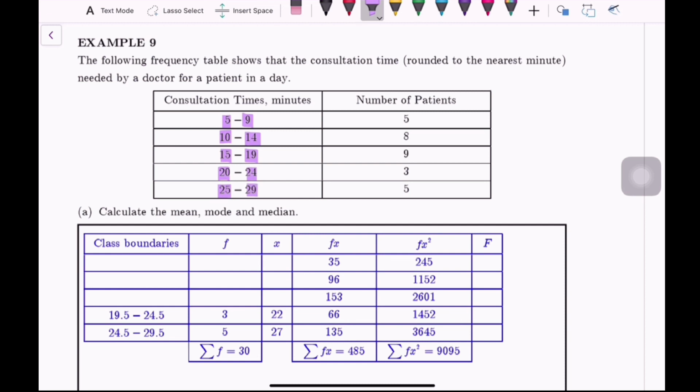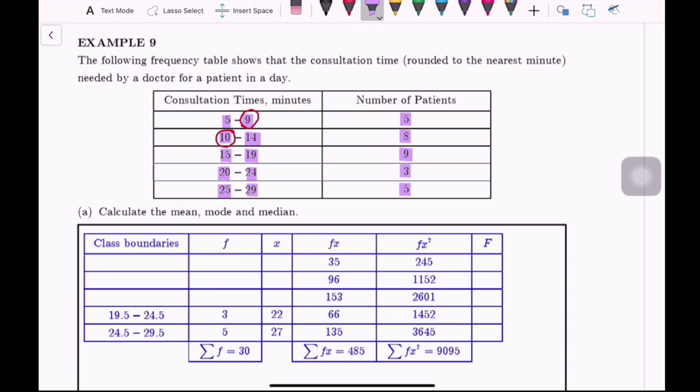If the value of upper limit does not equal the lower limit of the next class, we call it a class interval or class limit. Then, number of patients we can write as a frequency.